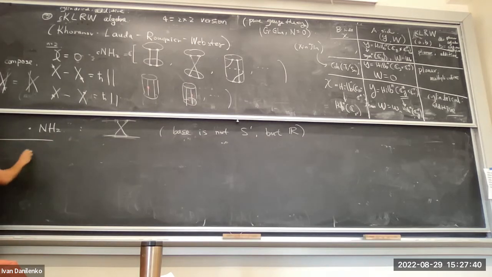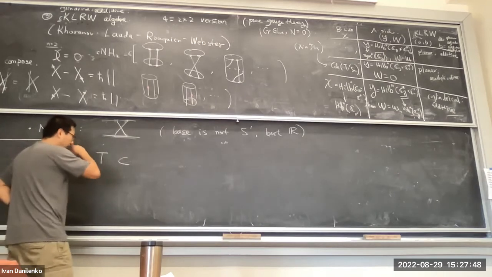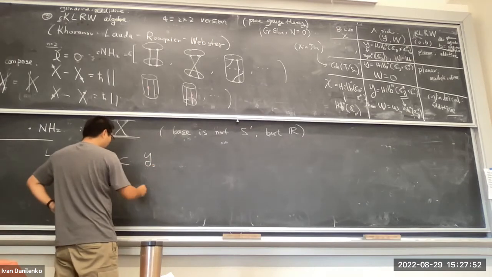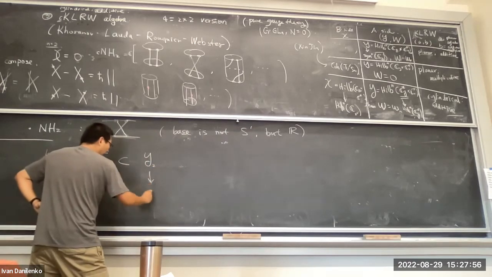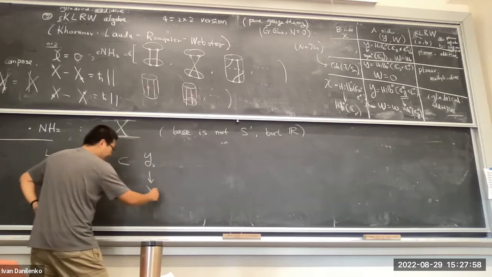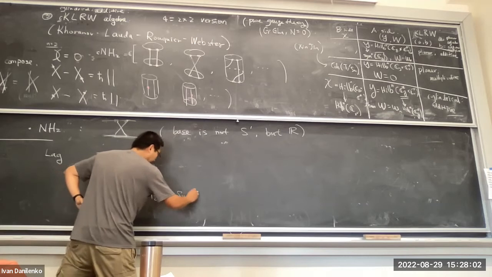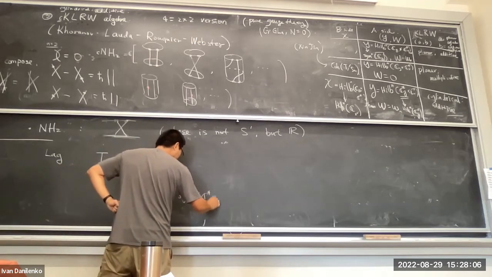So the dictionary is like we want to show a Lagrangian, say T, in our space Y2. So how do I define this Lagrangian? Our space Y2 is fibered over the standard space Y2, which is the symmetric square of this one.